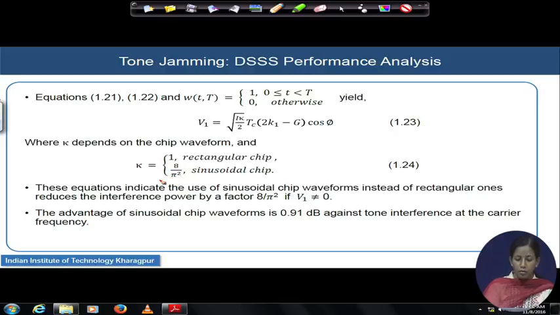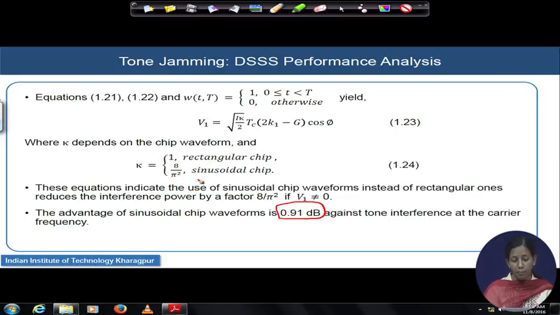So, a good part to observe here is that if I choose a sinusoidal chip, then it is true that the contribution of V1 will be some amount down, and if I calculate that in terms of dB, you will get 0.91 dB gain against the tone interference which is designed by the rectangular chip.